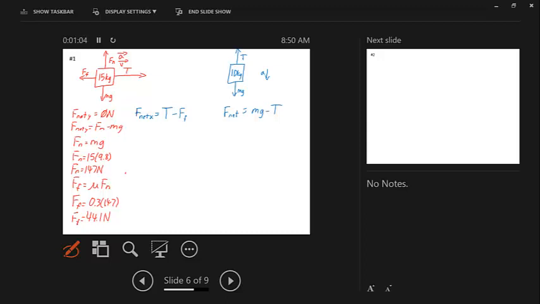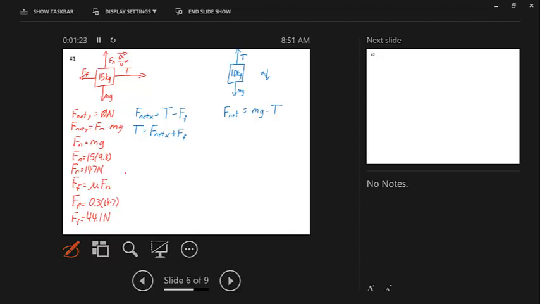So tension will be equal to F net in the X plus frictional force.